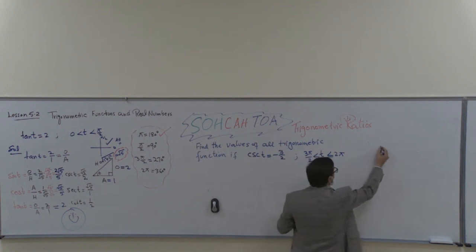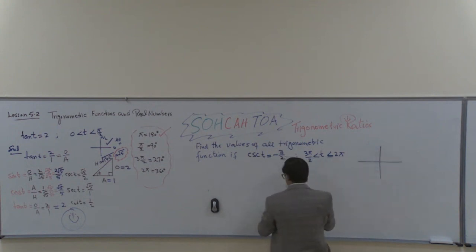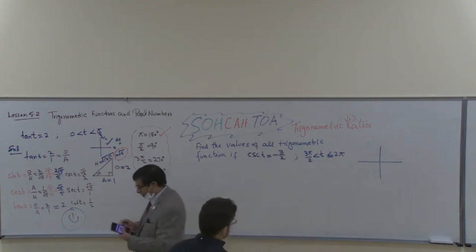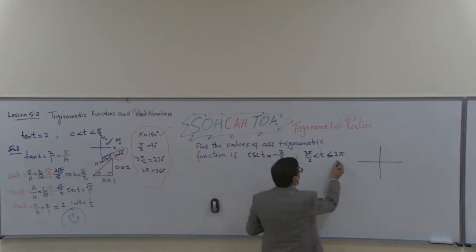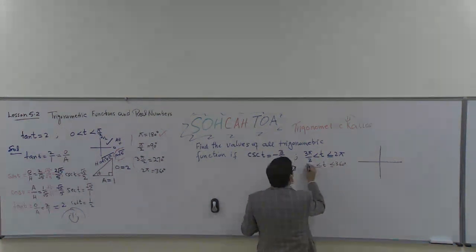And this gives us the quadrant, 2 pi being 360 degrees. This is basically 360 degrees, and this is 270 degrees.